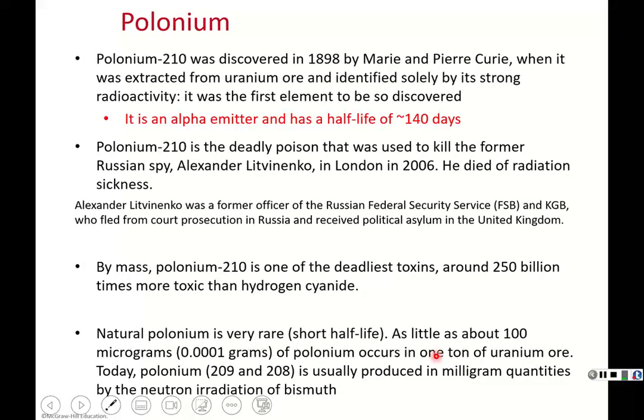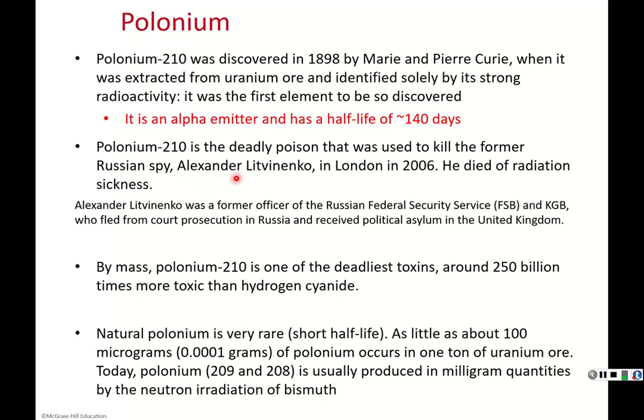Polonium. Polonium-210 was discovered in 1898 by Marie and Pierre Curie. It was extracted from uranium ore, and it was identified basically just because it was so radioactive, and that was the first element to be discovered that way. It's an alpha emitter that has a half-life of about 140 days, so that's pretty short.